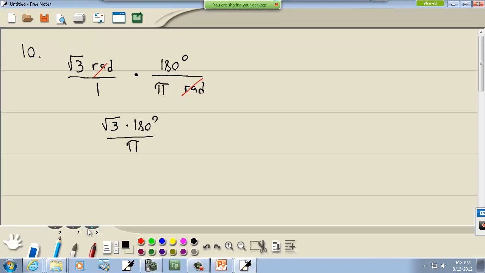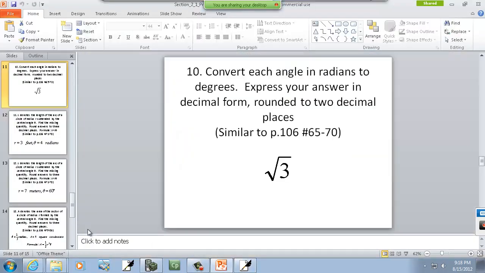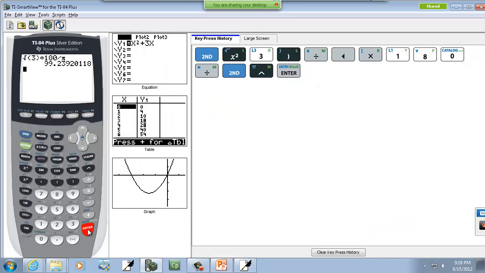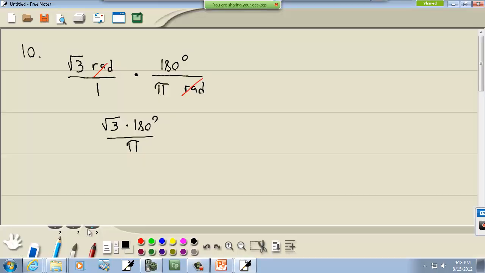And I think it was probably 2 decimal places? Around 2 decimal places. Okay, so 99.24. We'd round. And that would be our answer in degrees.